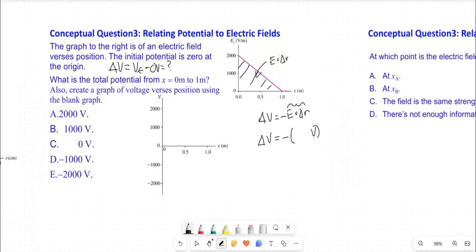I'm seeing a triangle, and all triangles are half rectangles. So I'm seeing 2,000 volts per meter times 1 meter divided by 2. So this is going to work out to be positive 1,000 volts.